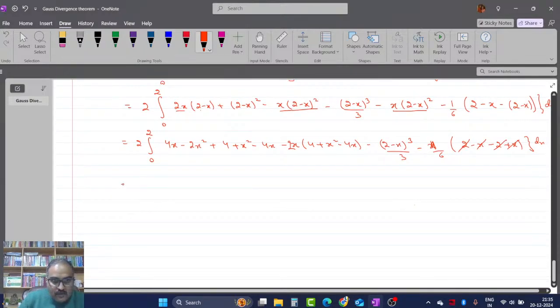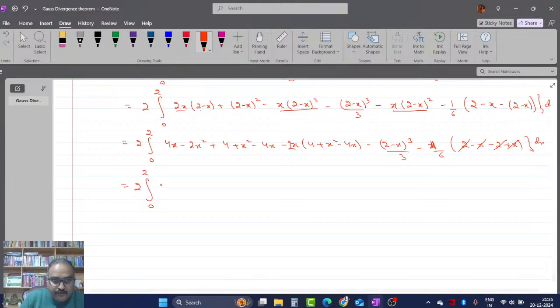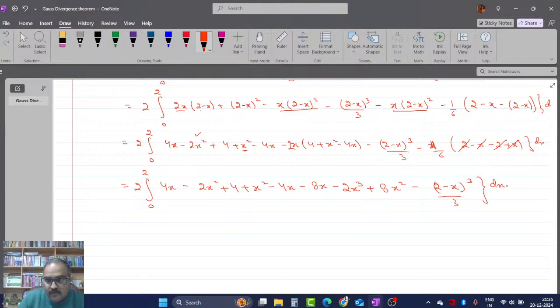After all, at the end what I am getting, 2 times 0 to 2, this 4x minus of this 2x square, okay, 1x square is this one, and I need to expand all the brackets. So 4x, this is 2x square plus 4 plus x square minus of 4x minus 4 to the 8x minus 2x cube plus 8x square minus of 2 minus of x whole cube by 3 into d of x.